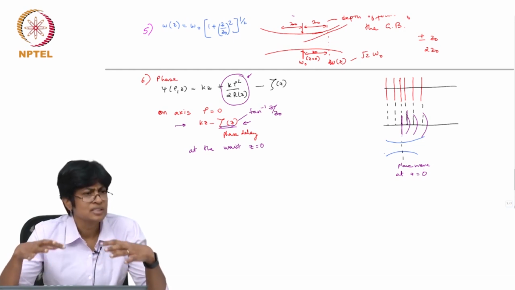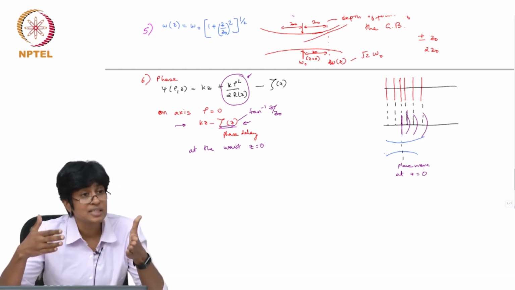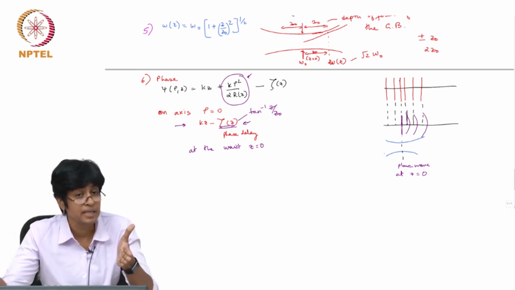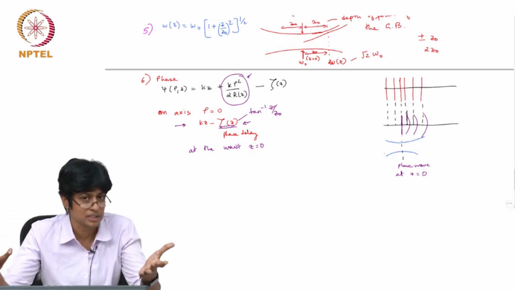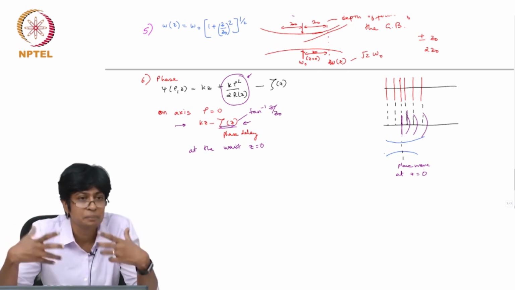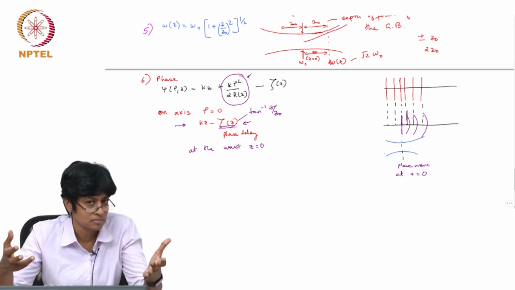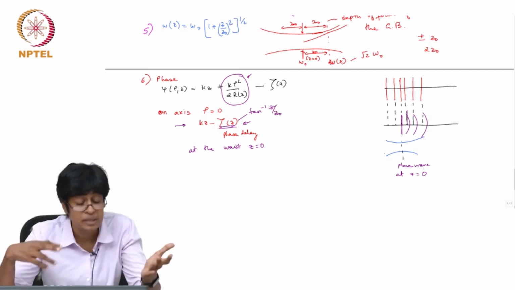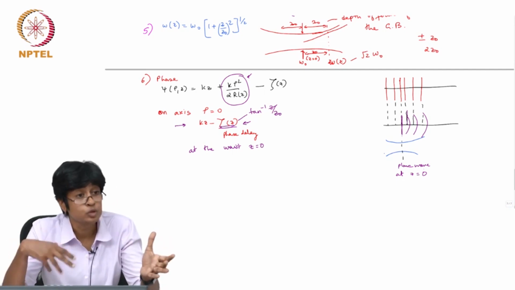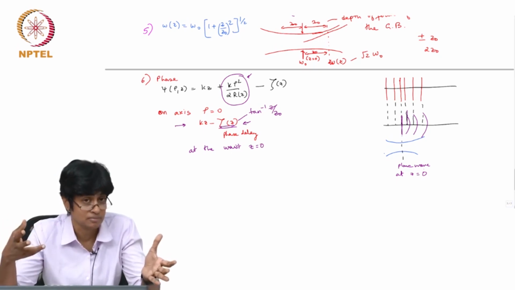Of course, phase is all important because phase is what happens as the beam propagates and affects the propagation. It is why the beam has the behavior it has, because of its phase structure. If I want to change this beam and make it into another beam, I have to change its phase nature.